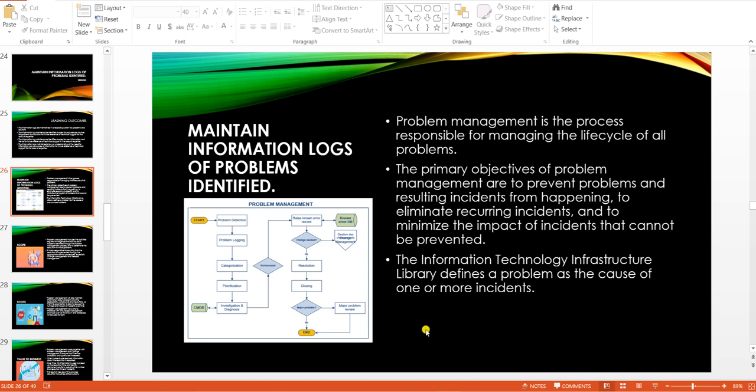This also assists us in modifying the process that is in place. For instance, on this image that I've extracted, you can see the process flow, with the start point at problem detection and the endpoint where we can review a problem.